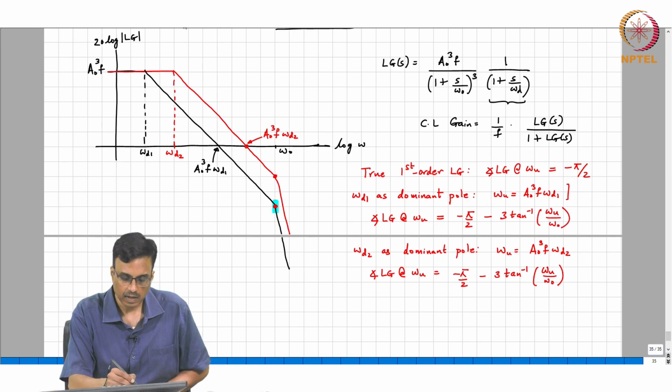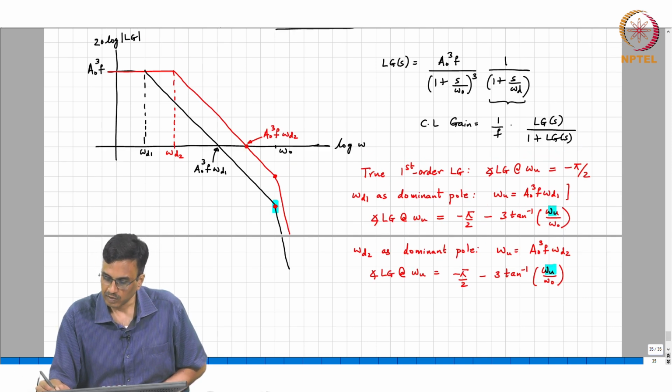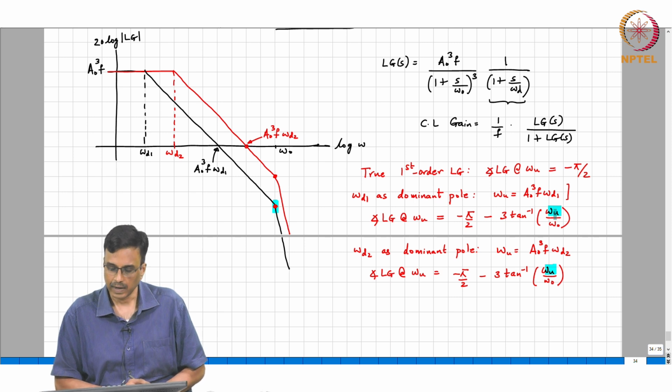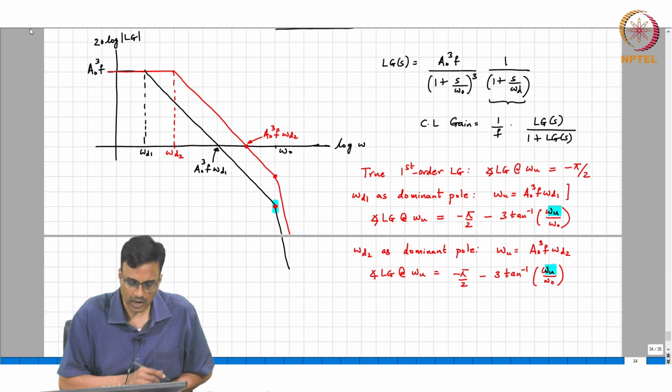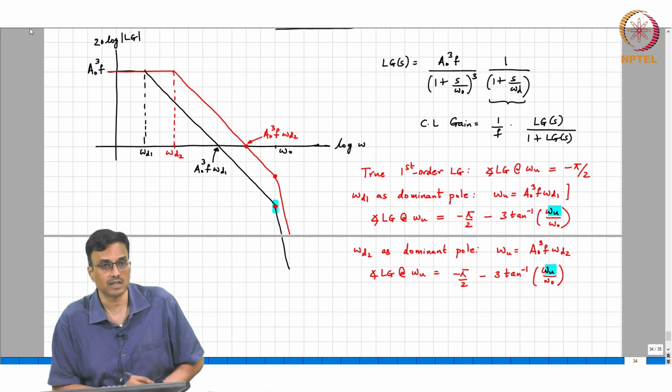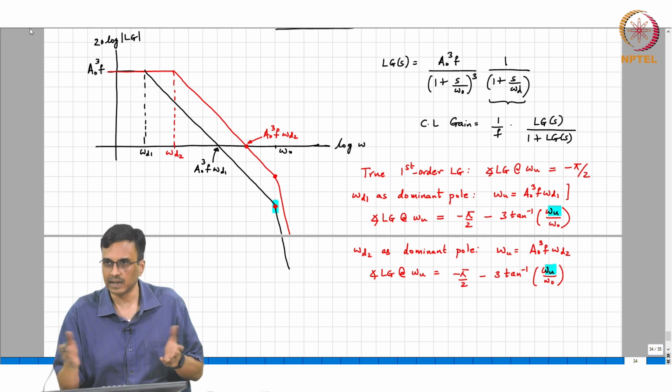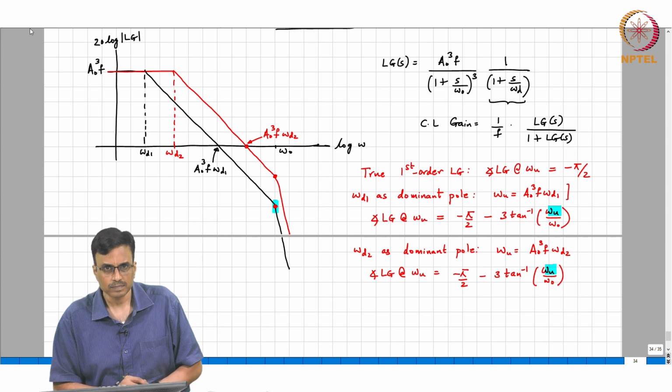And note that this omega u and this omega u are different. So which choice, omega d1 or omega d2, will have a larger phase lag? Omega d2, right. And so the deviation of the phase from 90 degrees is an indicator of the resemblance of the response to a true first order system. Does it make sense, right?